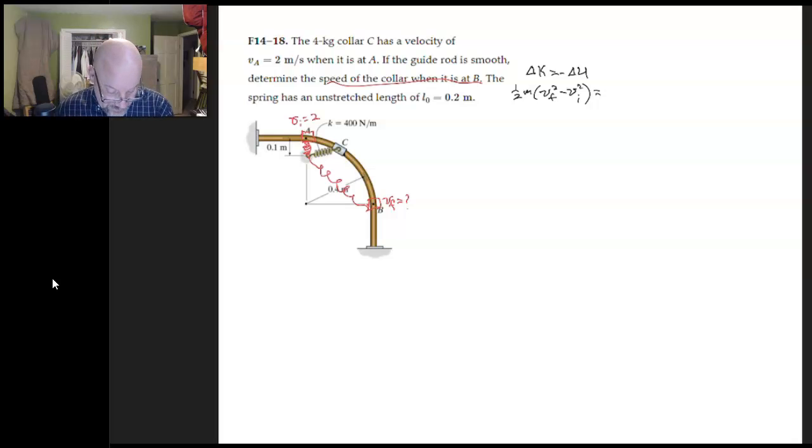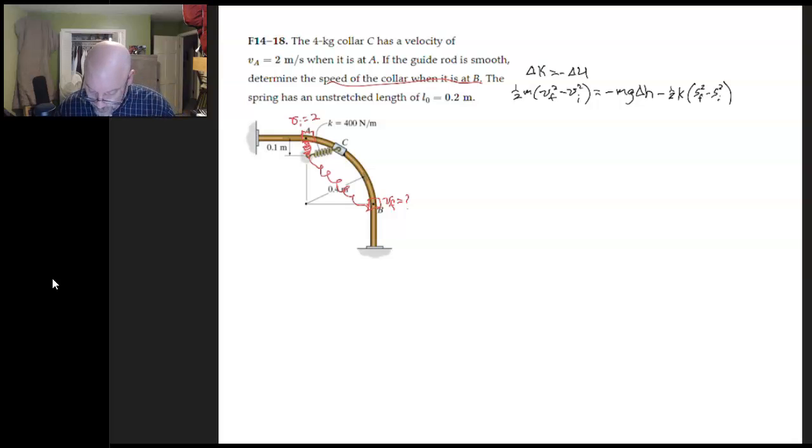And then we've got some gravity to contend with here, so let's put that in there. So we've got minus mg delta h. And then my spring effect, so minus a half k s final squared minus s initial squared, just like so.